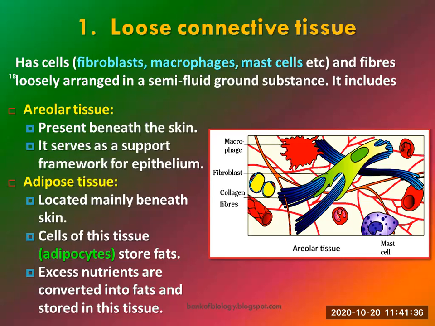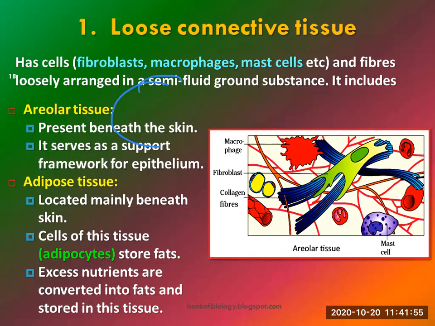Then let's see adipose tissue, located mainly beneath the skin. The cells of this tissue, adipose tissue, store fats. You can see here a single oil droplet, a monomolecular lipid droplet.